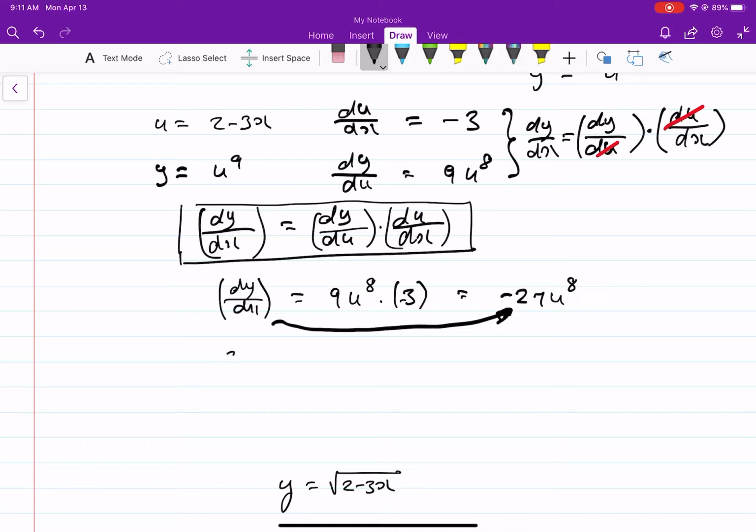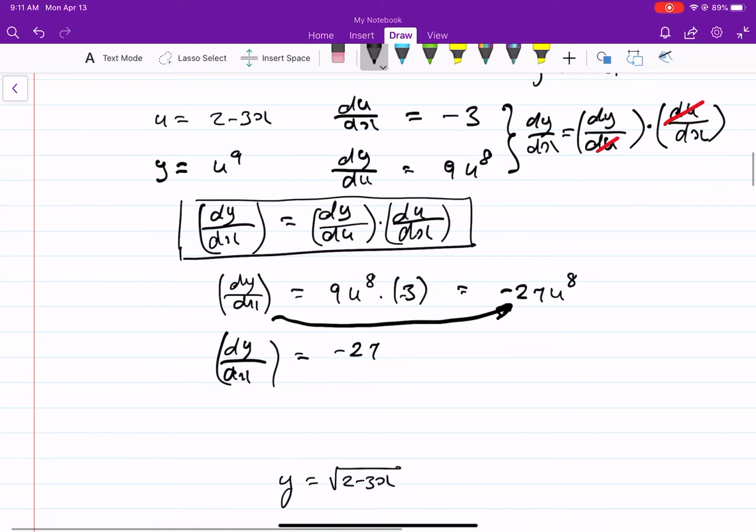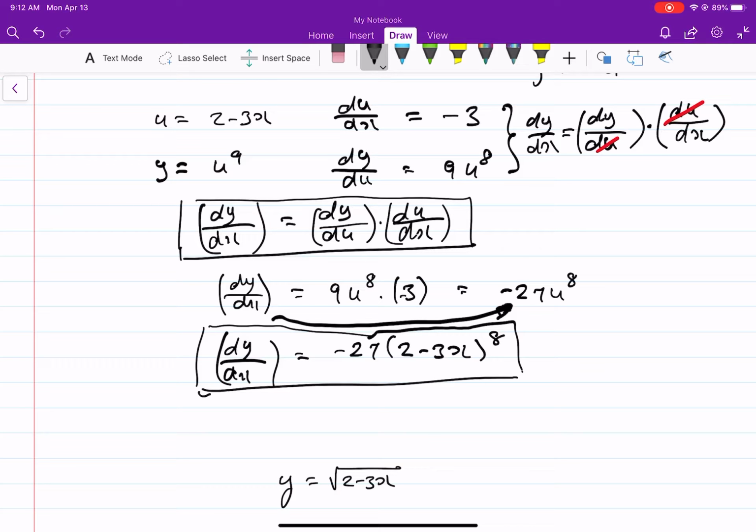And I'll end up with dy dx is equal to negative 27 times, the expression for u was 2 minus 3x, so this would be times 2 minus 3x to the power 8. And that is how I can apply the chain rule to get my dy dx. That's not too bad.